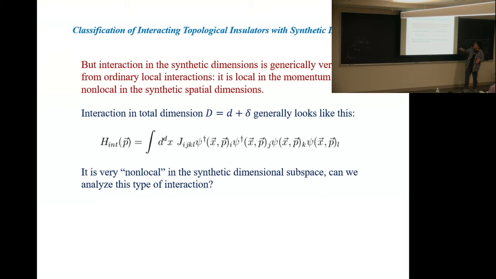We just learned that the tuning parameter P is identified as the crystal momentum in the extra dimension. So this means that this interaction will be local in the real physical dimension, but non-local in the extra synthetic dimension. It's actually local in momentum space in the extra synthetic dimension. Okay, so this is the fundamental difference between the interacting topological insulator with synthetic dimension and the ordinary interacting topological insulator.